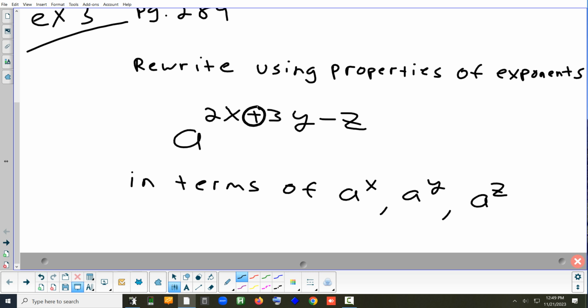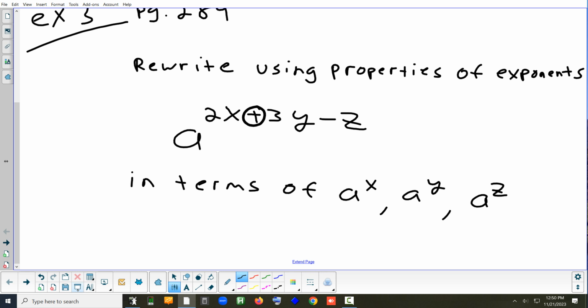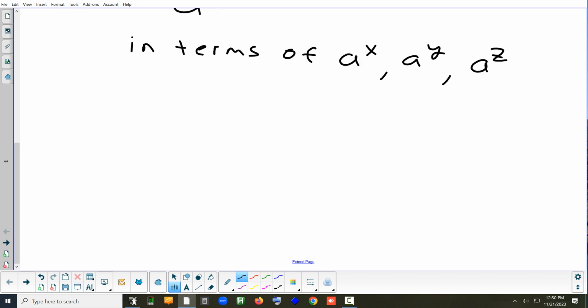When would you add two things together and put the answer in an exponent? What would have led to doing that? Adding two things together and putting that answer up in the exponent. Yep, so a to the power of 2x.